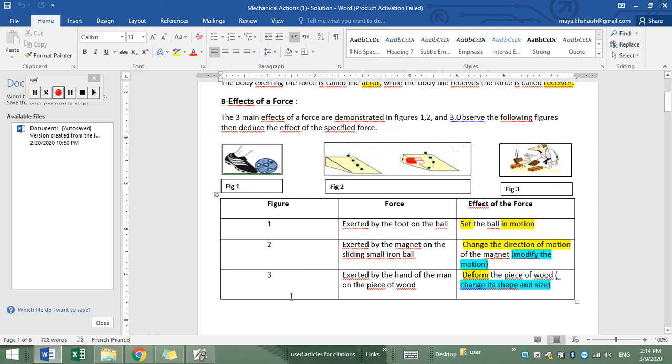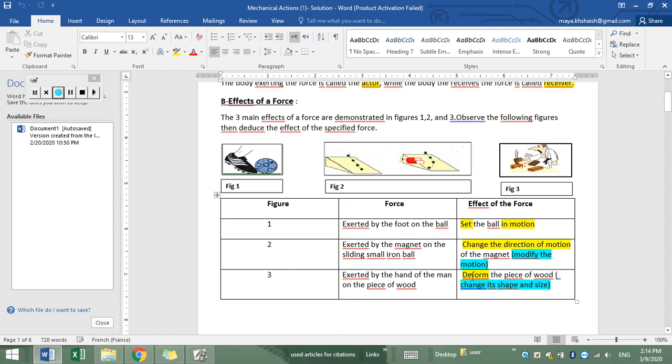Finally, for the third figure, a man exerting a force in order to break down a piece of wood. So this force is exerted by the hand of the man on the piece of wood. Here the hand is the actor and the piece of wood is the receiver of the force. What is the effect of this force? What changes did this force cause on the piece of wood?